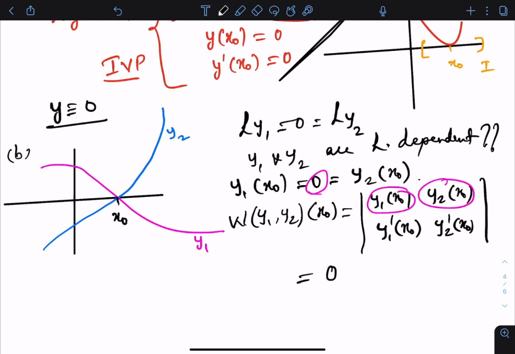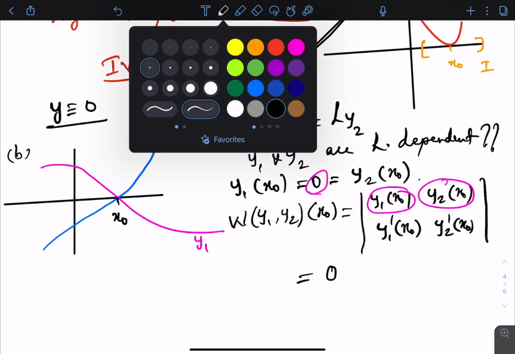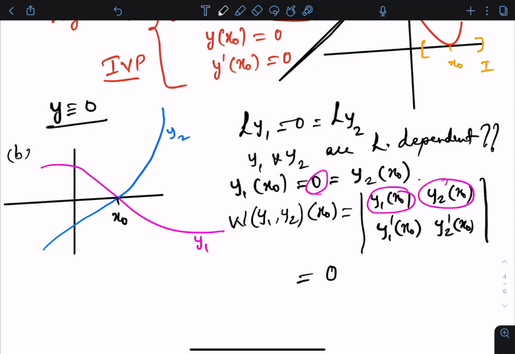So this is saying that the Wronskian vanishes at point x0, and both y1 and y2 are solutions to a differential equation. So you have y1, y2 as solutions to a differential equation, and the Wronskian is 0 at a point, which means the solutions have to be linearly dependent.